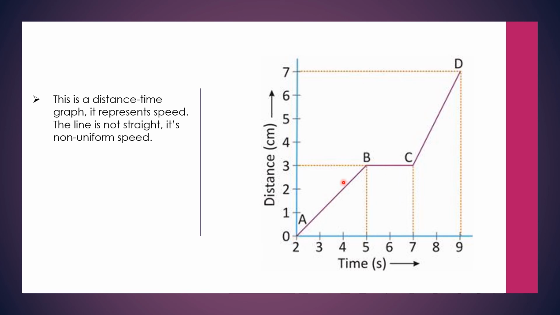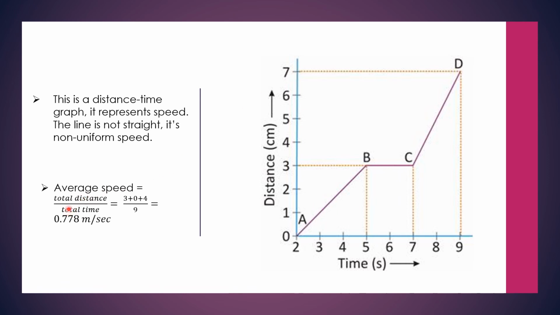From A to B, the object covered 3 meters. Now from B to C, the distance remains the same. This means that the object didn't change. From C to D, from meter number 3 to meter number 7, this is 4 meters.